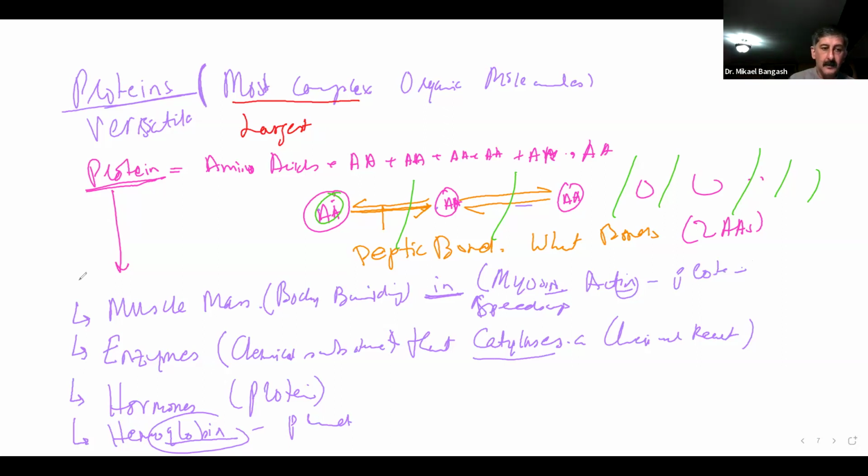Likewise, guys, for the hormones, an example of a protein hormone is insulin. It's a hormone, but chemically, if you look at its chemical structure, it is a protein.